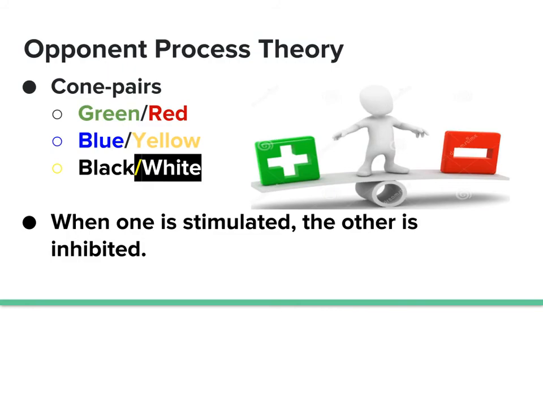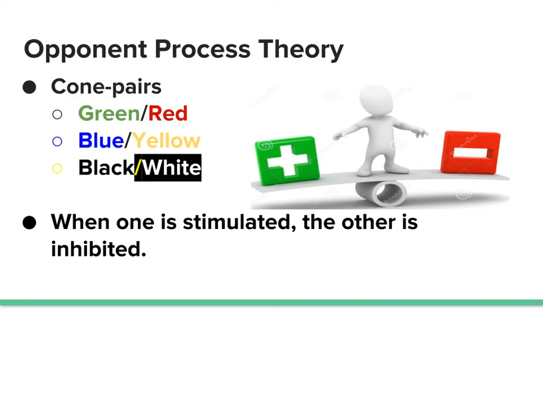So then opponent process theory adds to that process and says that there are three different types of cones, but that the processing of these light waves requires or goes through additional steps. And in these additional steps, these cones are paired.